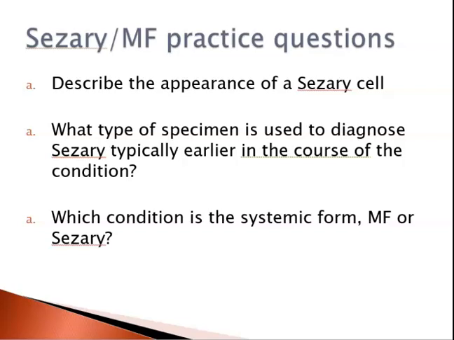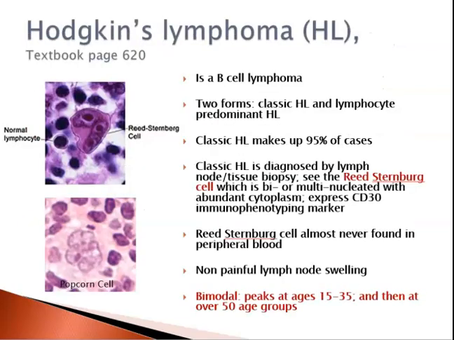it would be Sézary syndrome. The next lymphoma we're going to discuss is Hodgkin's lymphoma, and this is a cancer of the lymphatic system. And this one is affecting the B cells. So it's a B cell lymphoma where the Sézary was affecting the T cells. This one's affecting the B cells. There's two forms.